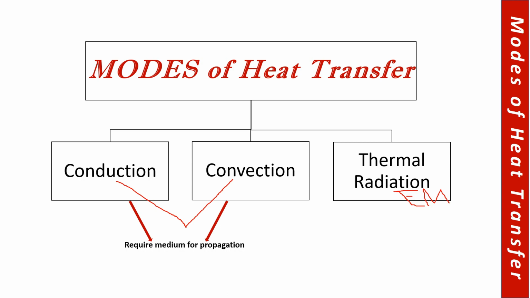So conduction and convection require a medium, and thermal radiation can take place with or without the presence of a medium. Now we are going to briefly discuss the three of them one by one, and then we will discuss all of them in detail in our coming lectures, right?